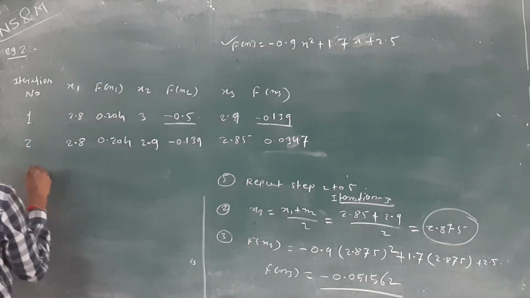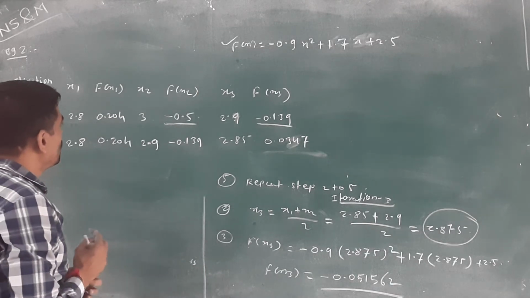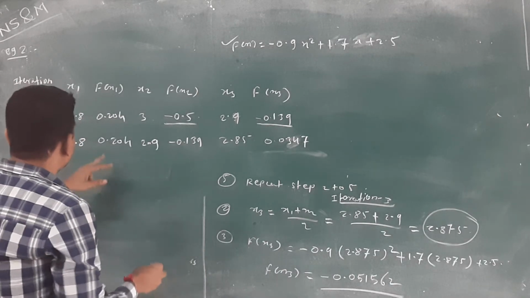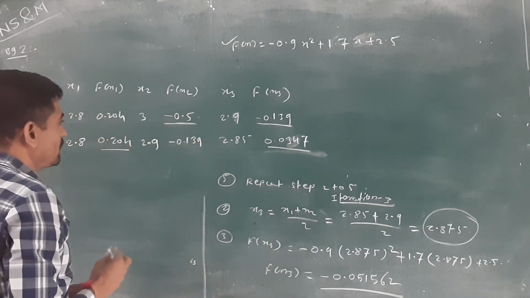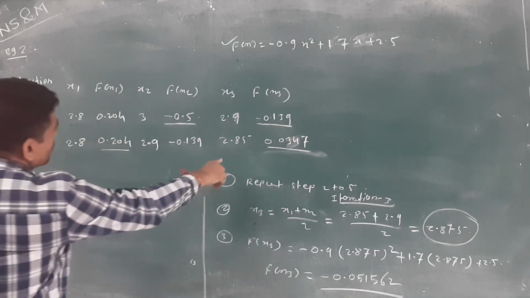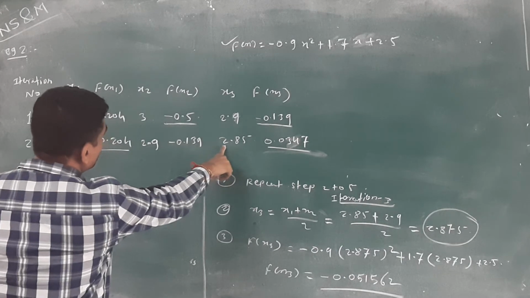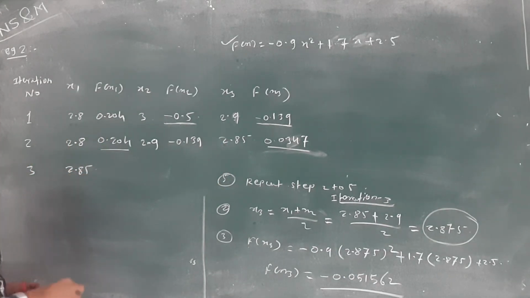In the third iteration, again check which values have the same sign. We have checked the first and last. This one and this one have the same sign. That's why this value is replaced: x1 is equal to x3. What is the value of x3? 2.85. So here x1 is equal to x3.